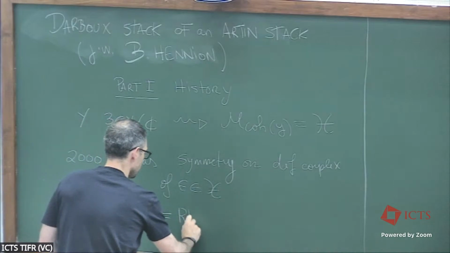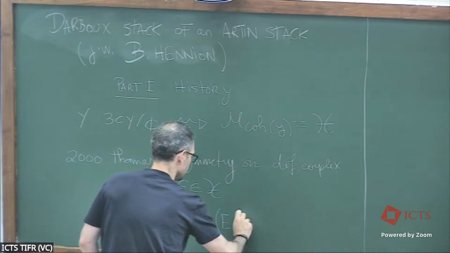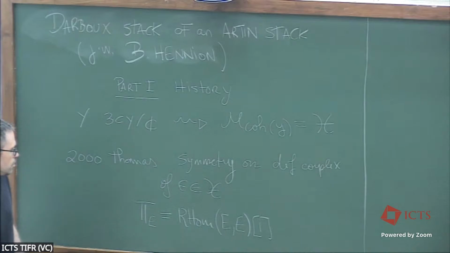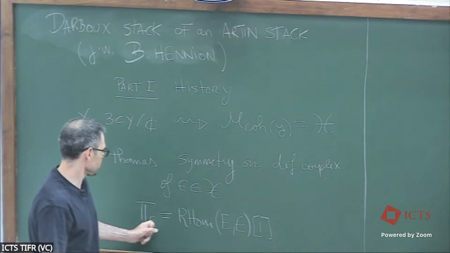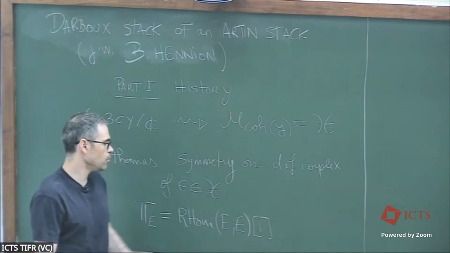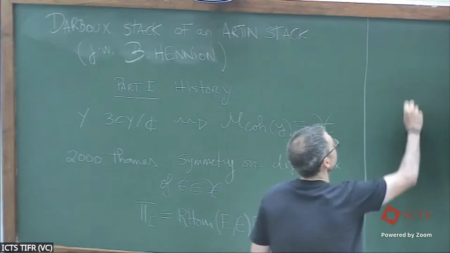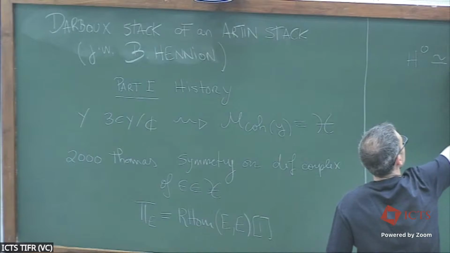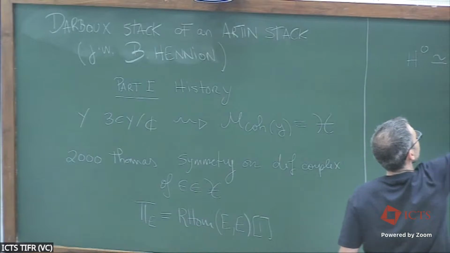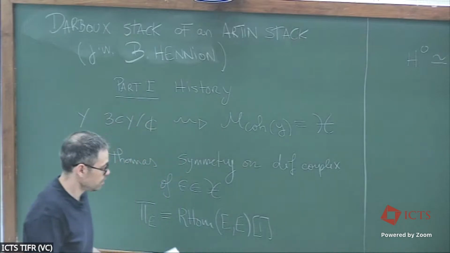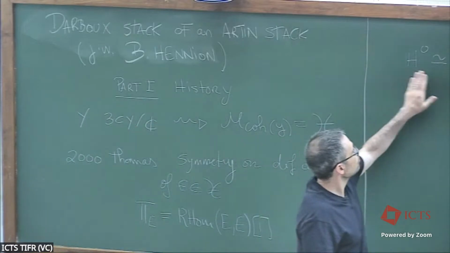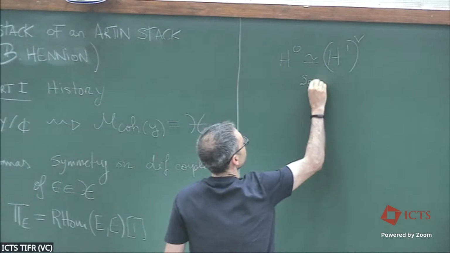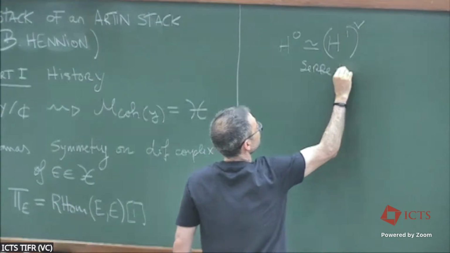It is just RHom from E to E with a shift by 1. So this is just a complex. You can think of this as the tangent complex of the point E inside the moduli space. What Thomas observed is that the cohomology in degree 0 of this complex is isomorphic to the cohomology in degree 1 dualized. So there is a duality going on here. You can think of this as a space of deformations, and this as a space of obstructions, so these things are in duality. This comes from the Serre pairing plus the Calabi-Yau condition.